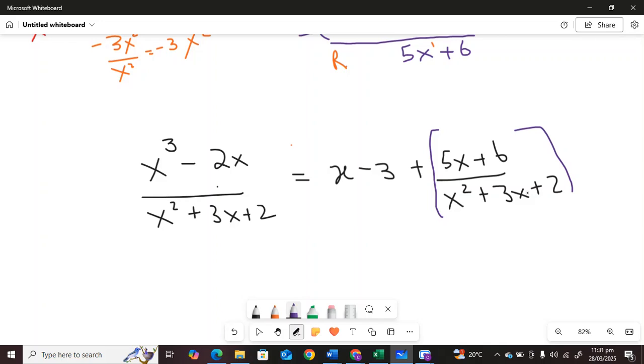Before you break this down into simpler fractions, this denominator, we need to also simplify it. This x squared plus 3x plus 2. We need to simplify it, to break it into smaller components. So this is a quadratic equation. Let's solve this quadratic equation.